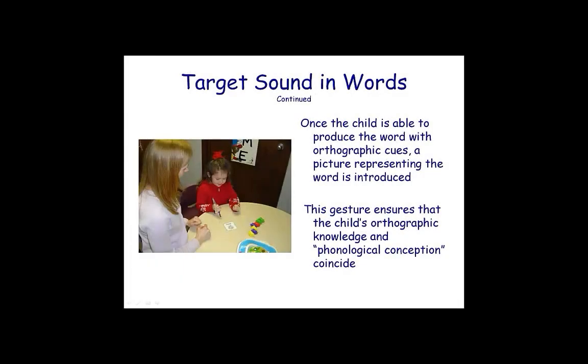So once your student is able to correctly produce that word with the print, then you're going to introduce a picture or an object. I have found that many of our students, especially with speech sound disorders, have that phonological representation of a word. So Timmy may look out in the driveway and say to mom and dad, "Let's go for a ride in the tar."